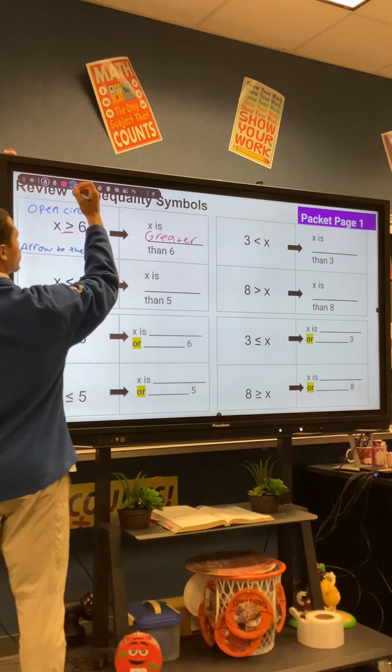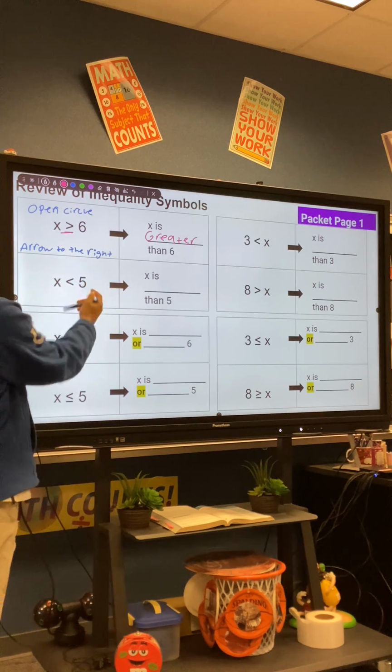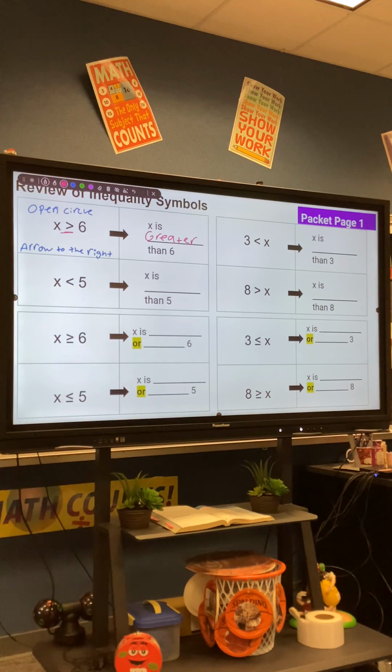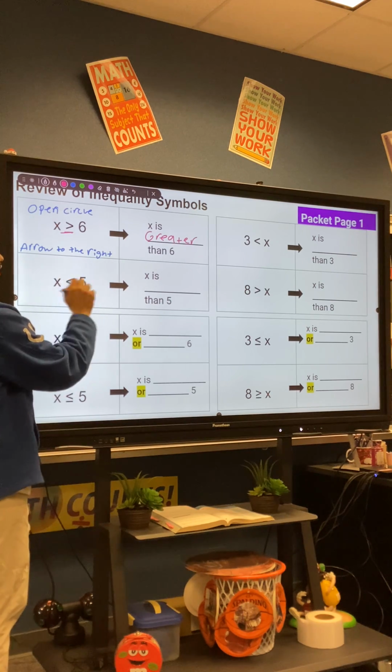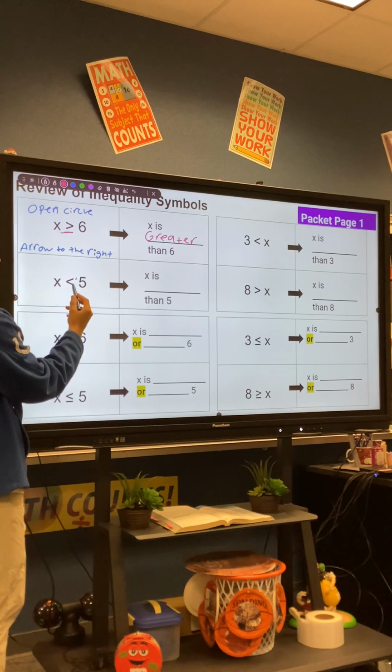So for this one, as I was taught, this is the mouth, the alligator mouth, eating the bigger number. So since it's eating the bigger number, that's telling me x is less than 5.